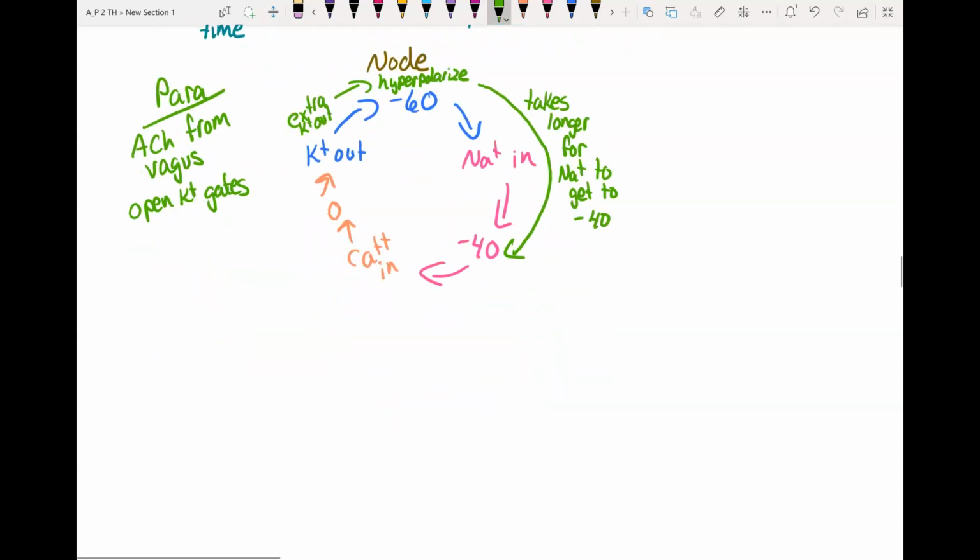So parasympathetic is a negative chronotropic agent, because it decreases your heart rate.